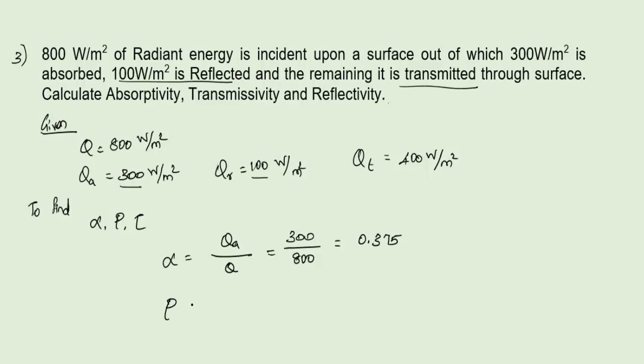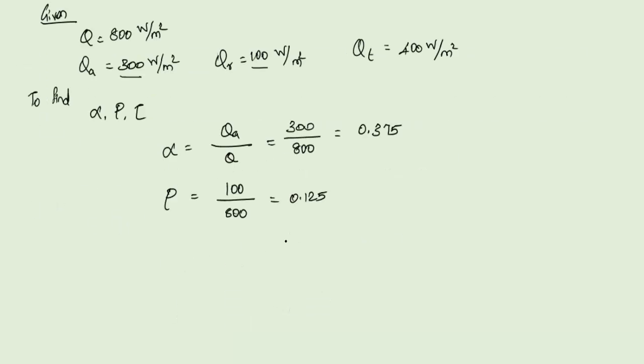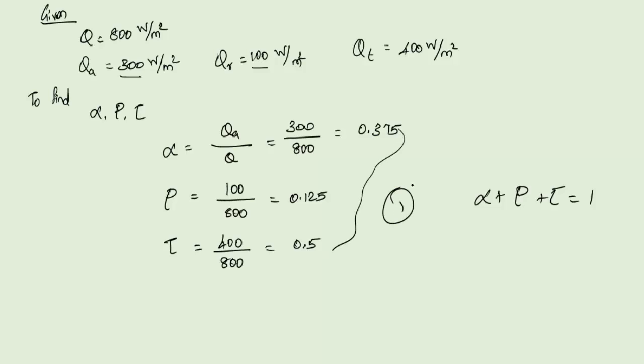Similarly, rho equal to 100 divided by 800, which is 0.125. Similarly, tau equal to 400 divided by 800, which is 0.5. Now you know the formula, alpha plus rho plus tau equal to 1. Just add these three values, it will be 1. Just to cross-check the values you have to do this. So these will be the final answers.